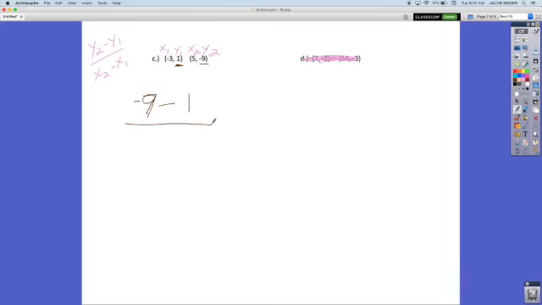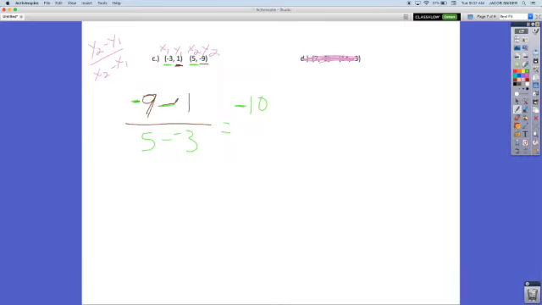Okay, now I have x2, which is 5, minus x1, which is negative 3. Now let's go to work here. I got negative 9 minus 1. I go back to my integer rules. Same sign, add and keep. 9 plus 1 is 10. Negative, right, because I have a negative here.